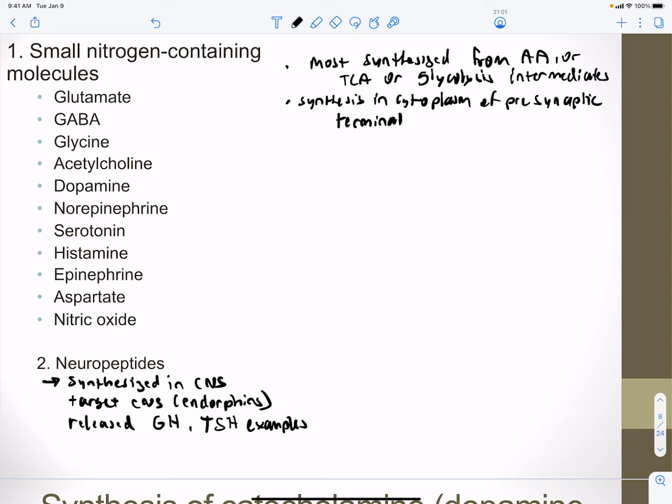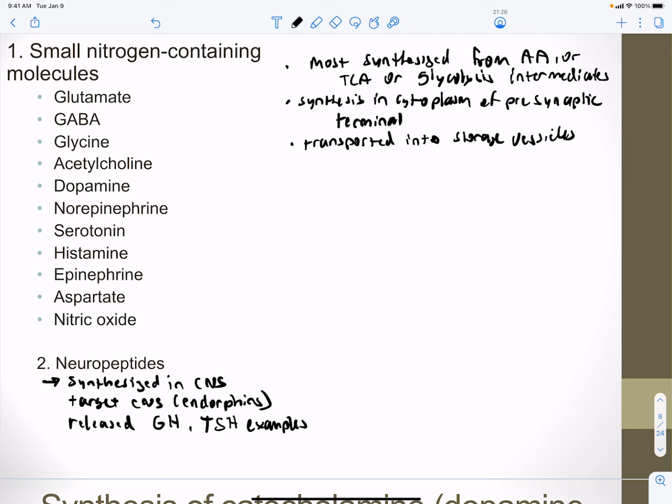And once synthesized, the neurotransmitters are going to be transported to storage vesicles. And the transport is going to be by an ATP-dependent pump.